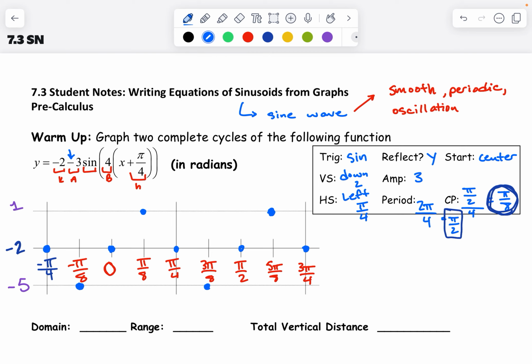So I've got all my critical points. I can go ahead and start to connect them with my sinusoidal wave, my smooth periodic oscillation. Once I get all these connected, I should have a nice sine wave.